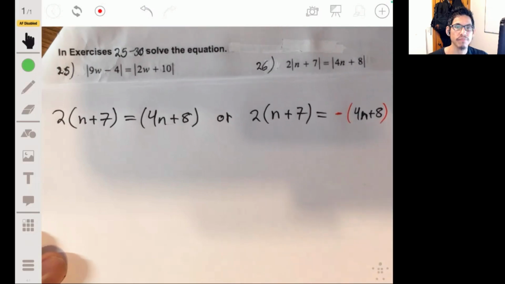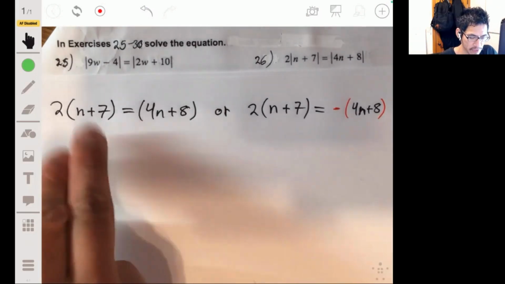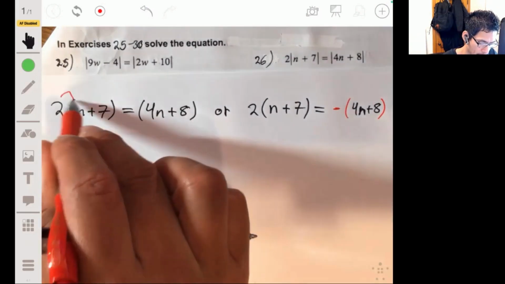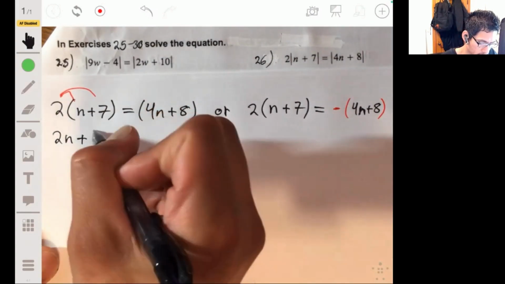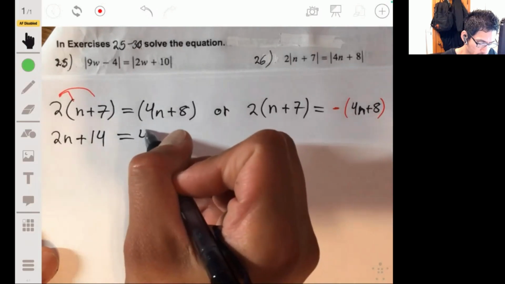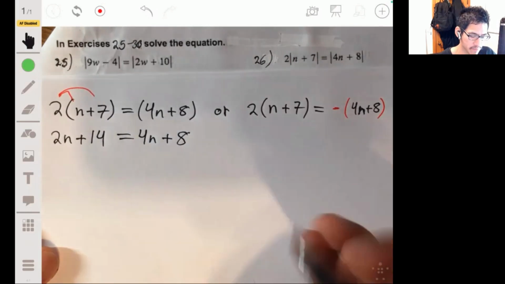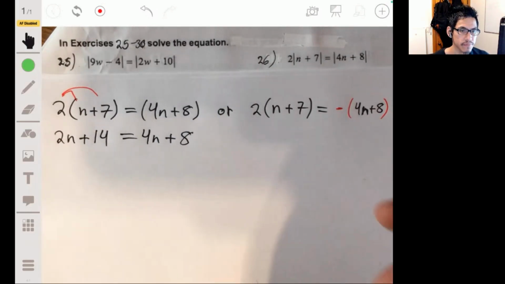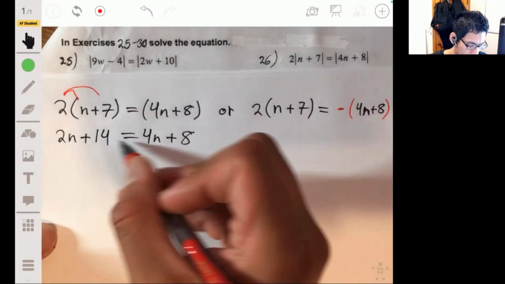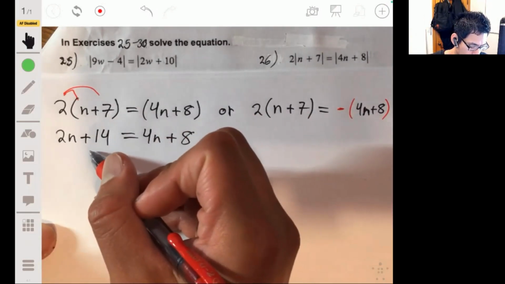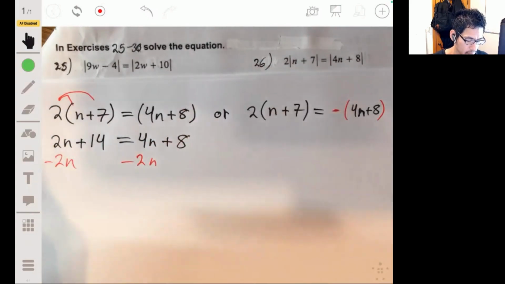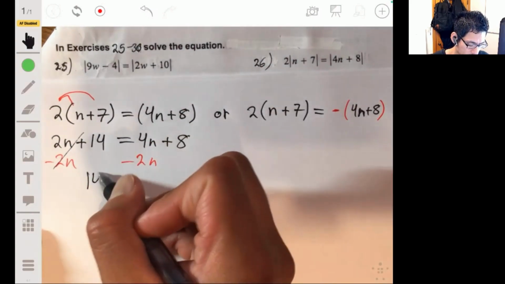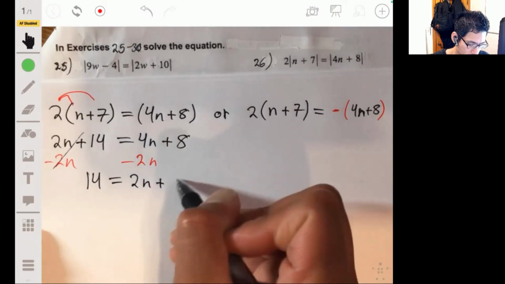And then do the math. So make sure we distribute over here. 2n plus 14 equals 4n plus 8. Let's take away 2n, actually. 14 equals 2n plus 8.